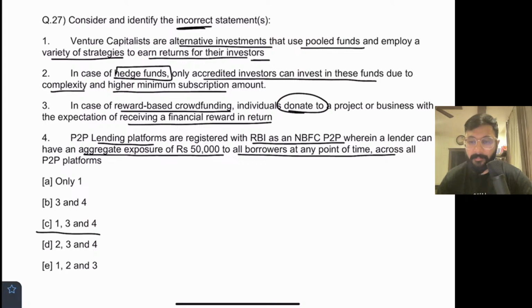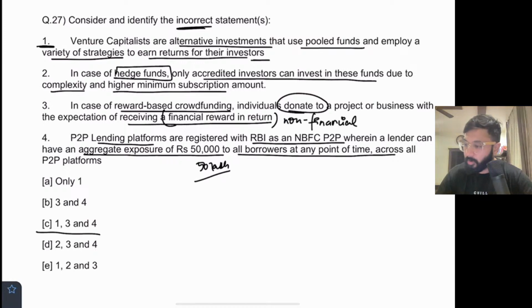इसमें गलत क्या है? Can anyone tell me what is incorrect here? ये तो ठीक है, ये तो सिंपल है. यहाँ 50 लाख हो गया, यहाँ नॉन फाइनेंशियल रिवॉर्ड हो गया. What is wrong with option number A? 1.